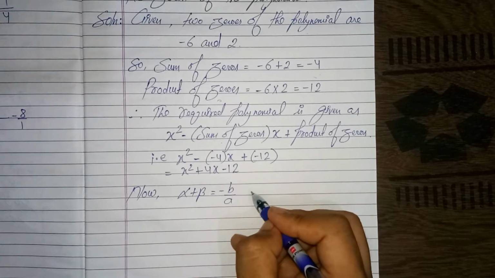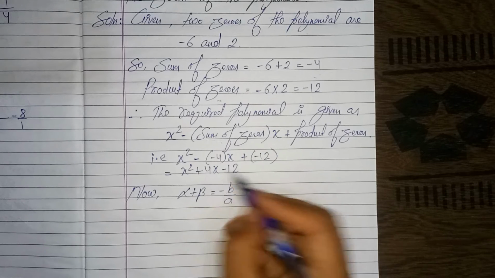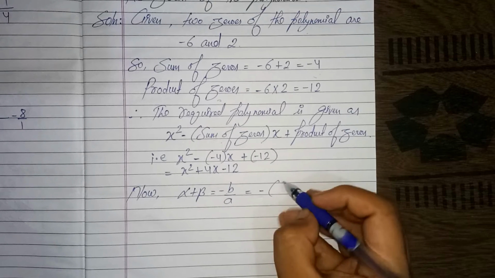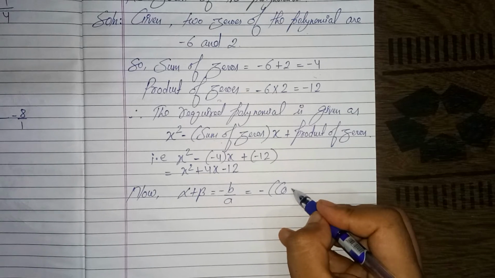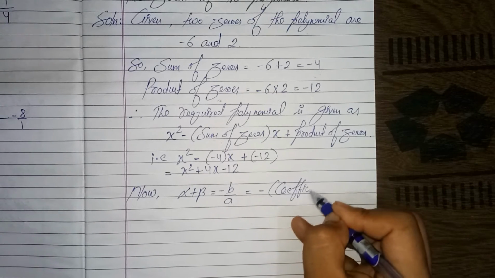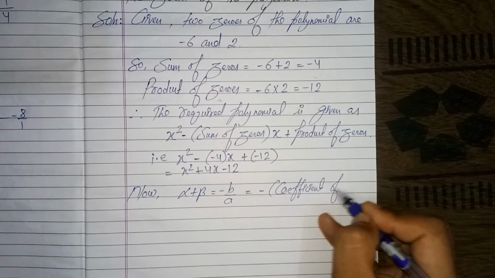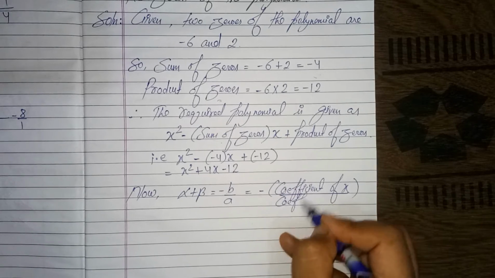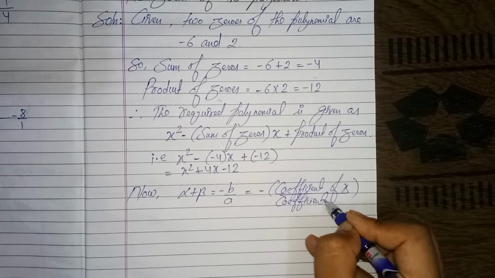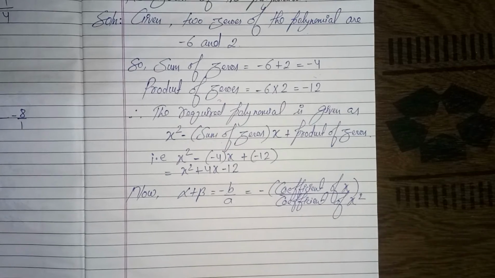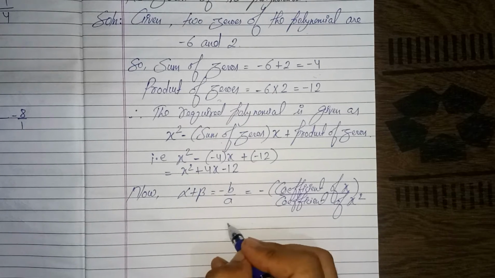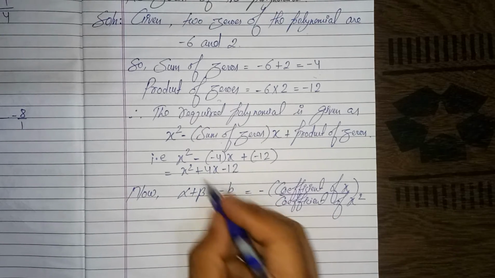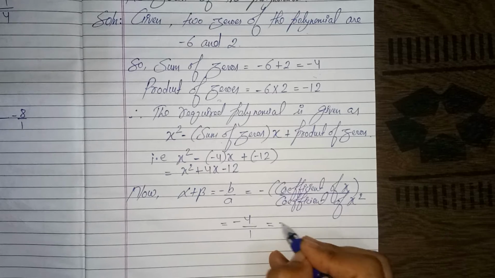Now this is simply equals to minus b, b is the coefficient, minus coefficient of x upon coefficient of x square. Okay, now this is equals to minus, and the value of b is 4 and the value of a is 1, right? It is equals to -4.